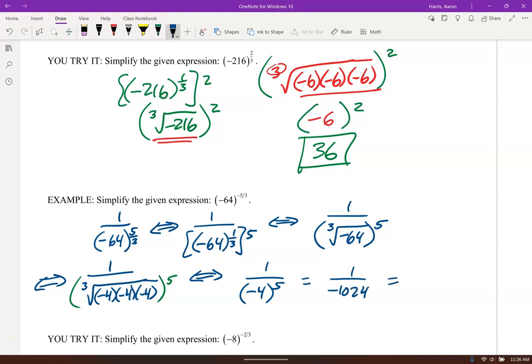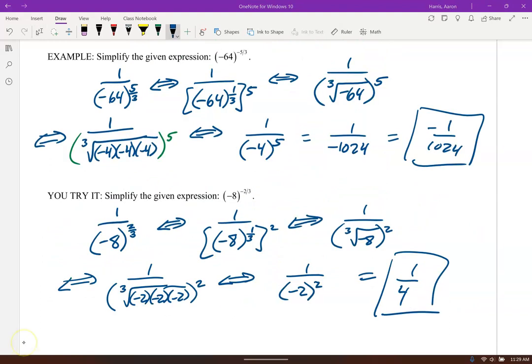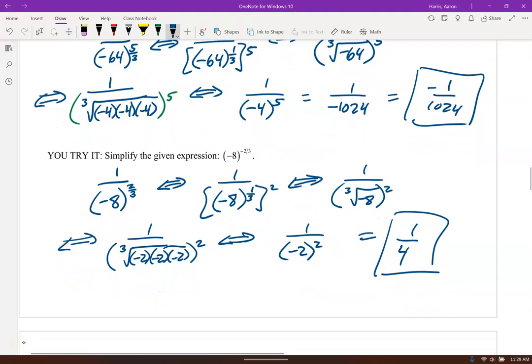And so this just ends up being negative 1 over 1024. Go ahead and check yourself with your work there. You got positive 1/4. And let's keep moving on.